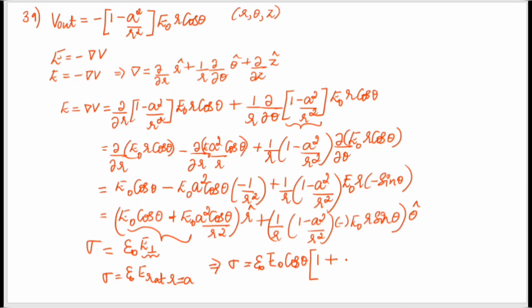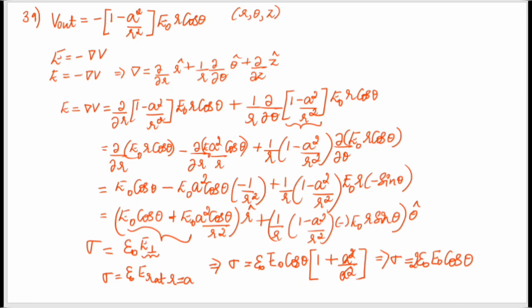Instead of r, I need to substitute a, so it will be a square divided by a square, right? A square gets cancelled. So 1 plus 1 is 2. So I'll get sigma equal to epsilon naught into 2 E naught cos theta. So 2 times epsilon naught E naught cos theta is the answer.